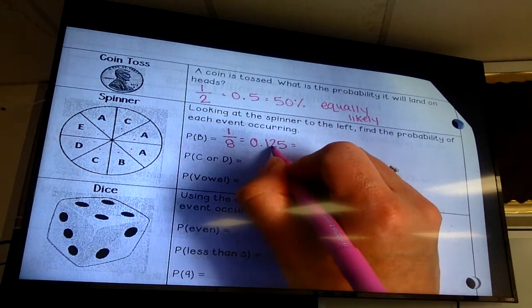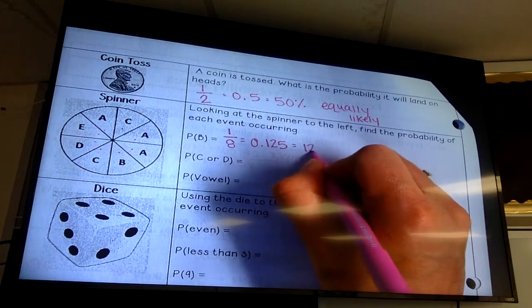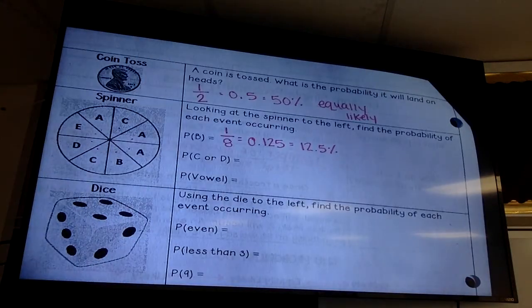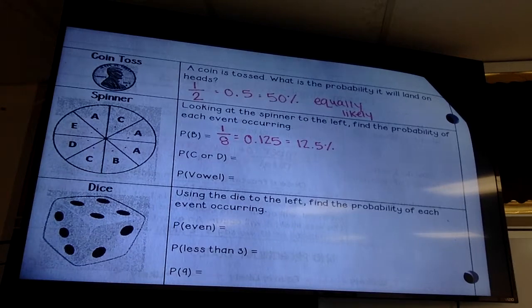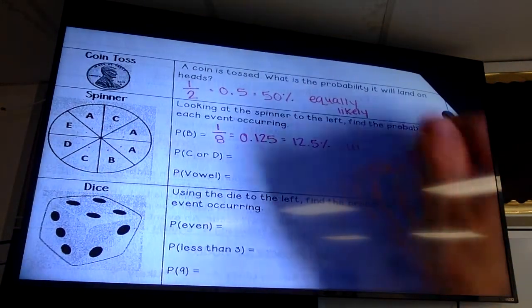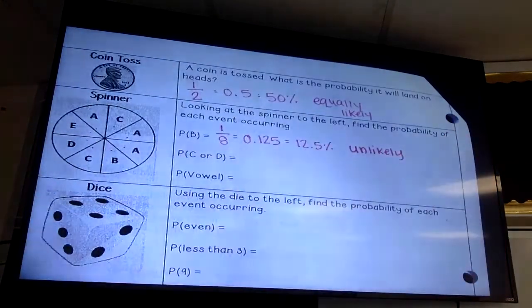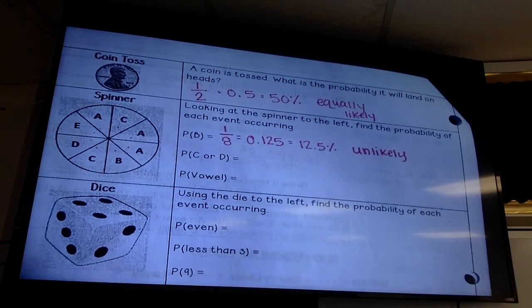Move the decimal point 2 places to the right. That would give me 12.5%. And if I had to pick a word from the probability scale, I would say that it is unlikely that I will spin a letter B. It's less than 50%, but it's not impossible.